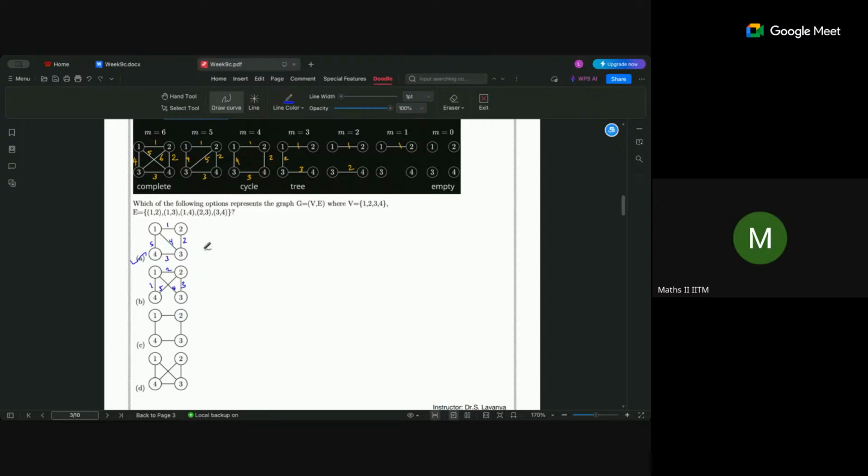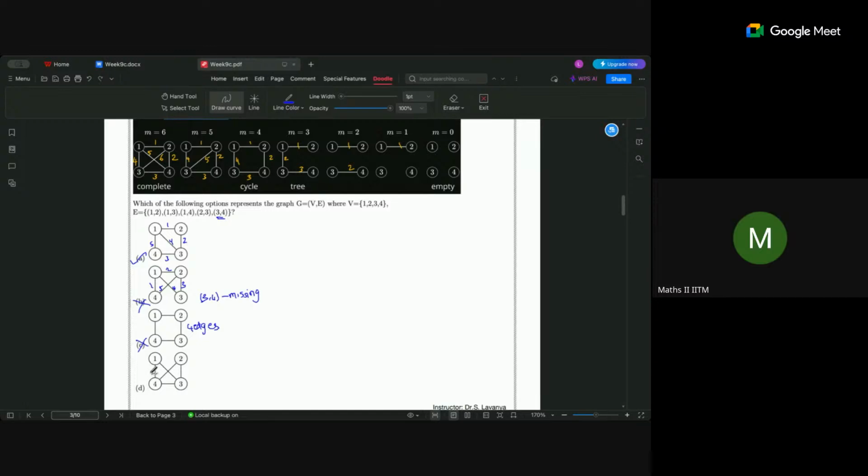What one is missing or what is more? 3, 4 is missing. And in addition to that, we have this 2, 4, right? And here only 4 edges are there. Only 4 edges, so automatically this is disqualified.